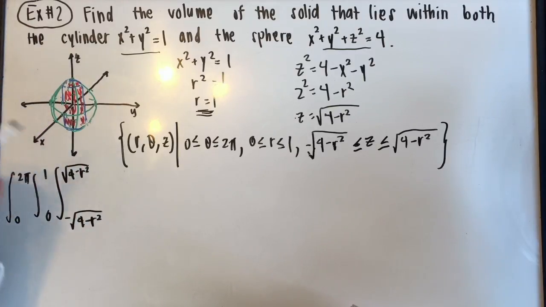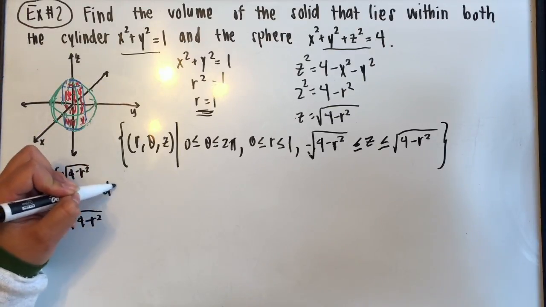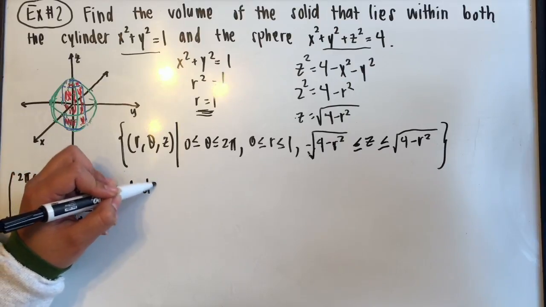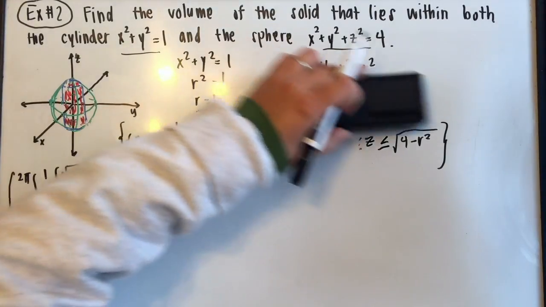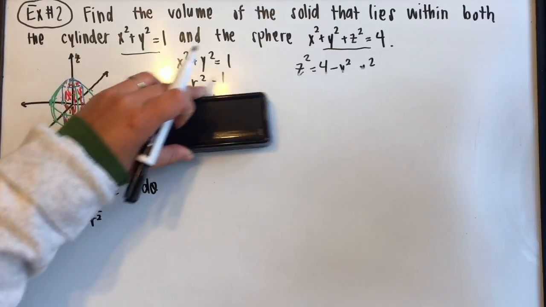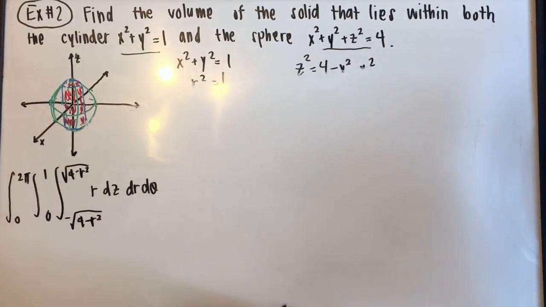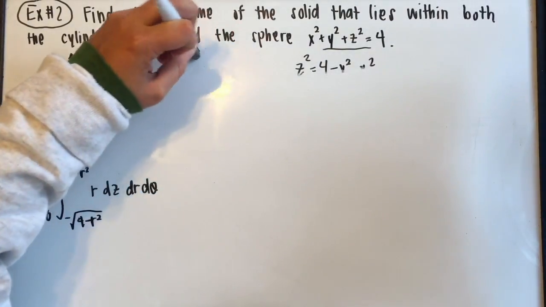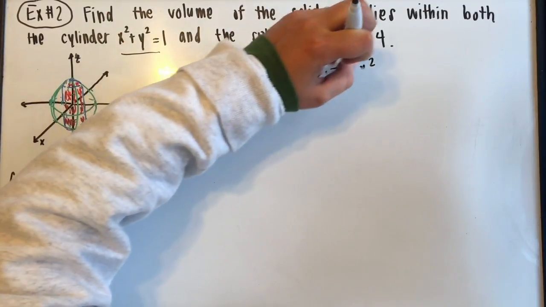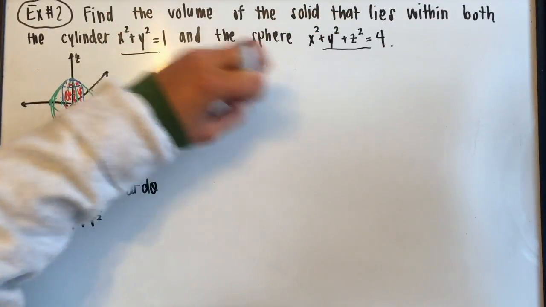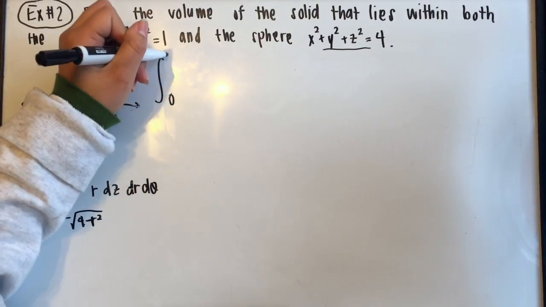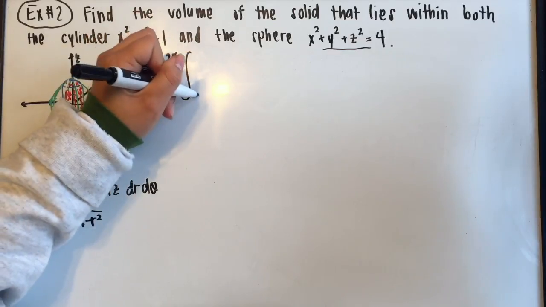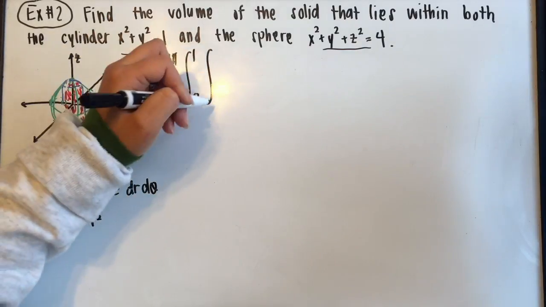All we write is just r dz dr d theta. And then we integrate from that.